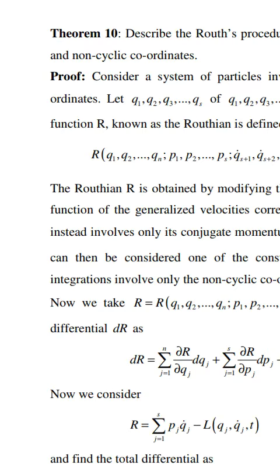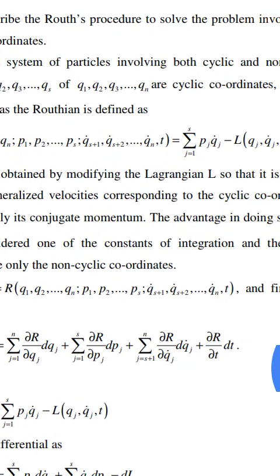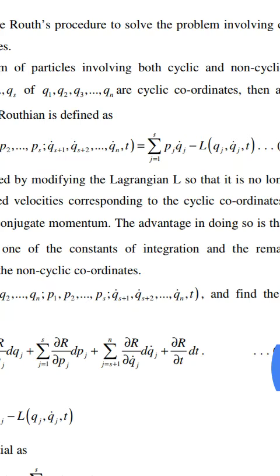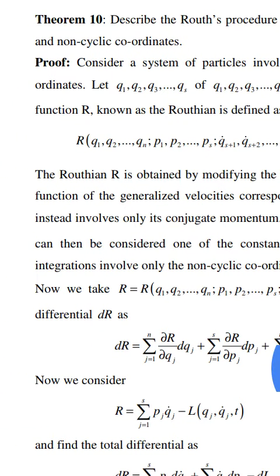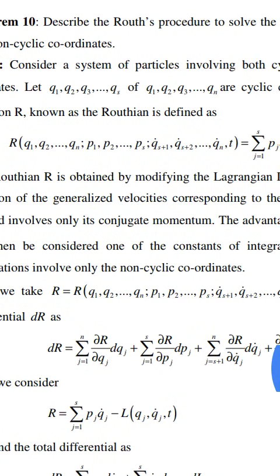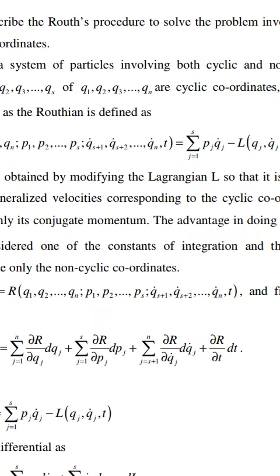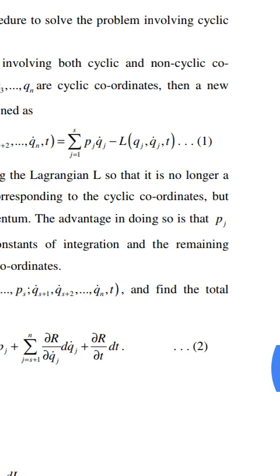Proof: Consider a system of particles involving both cyclic and non-cyclic coordinates. Let q1, q2, ..., qn be the coordinates, where q1, q2, ..., qs are cyclic coordinates.